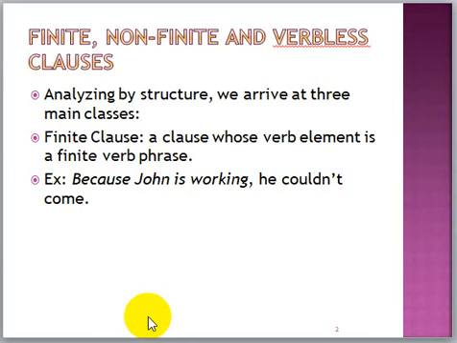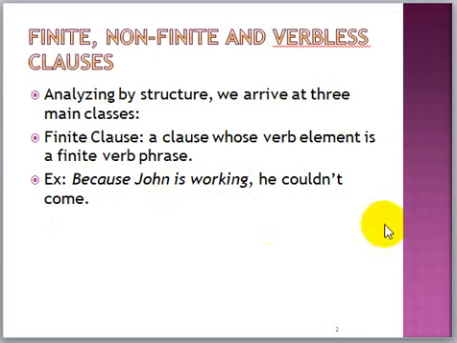For example, because John is working, he couldn't come. Now, in because John is working, "is working" is a verb, and this verb has a tense, so this is called a finite verb. Why? Because the sentence has a finite verb.